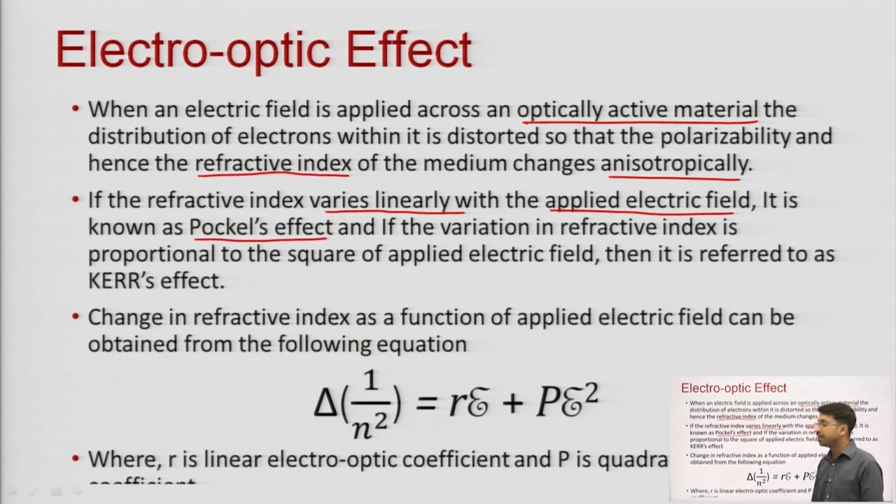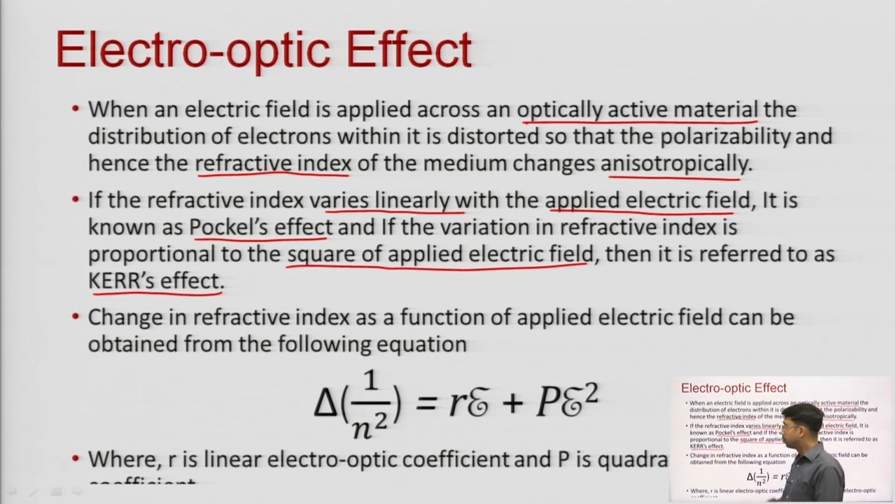And if the variation in the refractive index is proportional to the square of the applied electric field, then it is called the Kerr effect. These effects are named after the scientists. So, there are two effects, one is the Pockels effect, one is the Kerr effect.